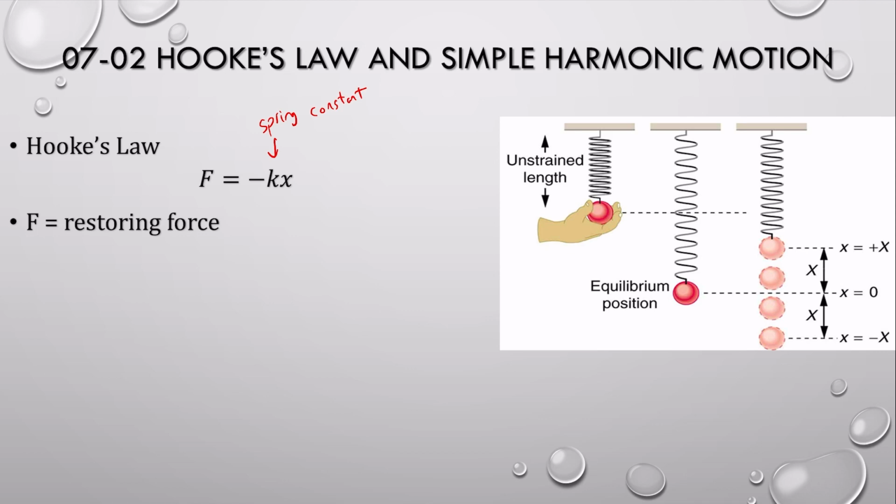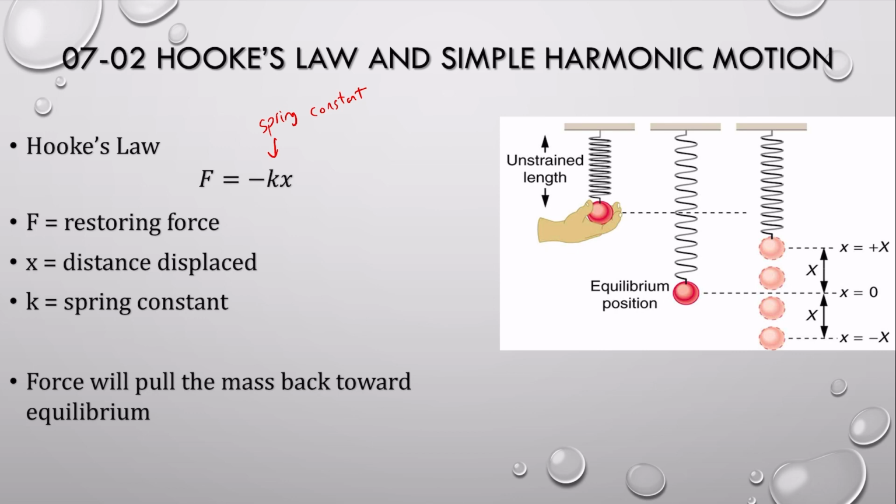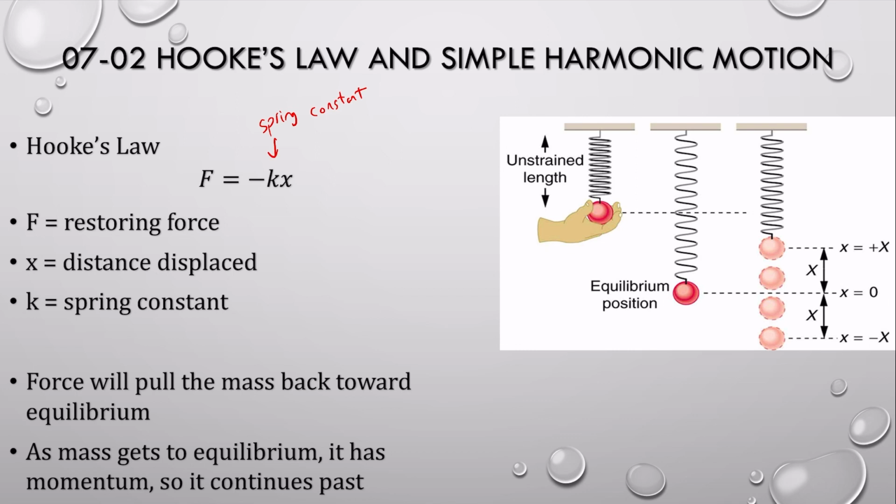So F is the restoring force, pulling it back towards equilibrium. x is the distance it's displaced, and k is the spring constant. The force will pull the mass back towards equilibrium, but as the mass gets to equilibrium, it has momentum. So it carries on past the equilibrium point until the spring force is strong enough and pushes it back the other way. And that continues back and forth, back and forth.